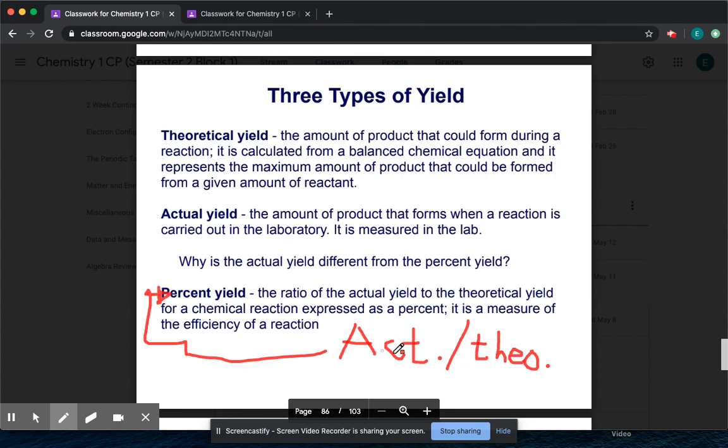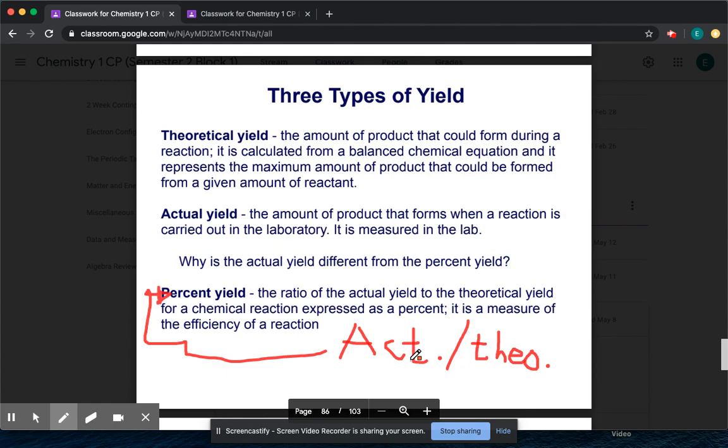And this number is always going to be, in theory, less than one, because there's no such thing as a perfect reaction. And you can't get more than what you were supposed to get. That's impossible. If you think about it from a recipe perspective, you can't accidentally make more of a food if you are limited on the amount of ingredients that you have.